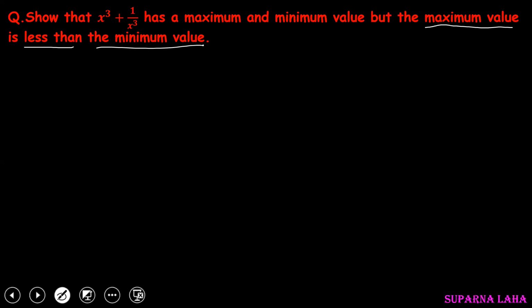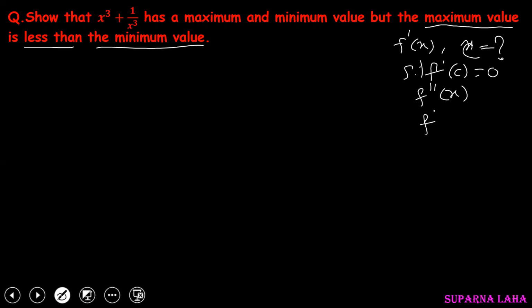That is, for the function, find f'(x), then find x equal to c such that f'(c) is 0, and then find f''(x), and then check whether the sign of f''(x) is greater than 0 or less than 0, and then find the maximum and minimum value.